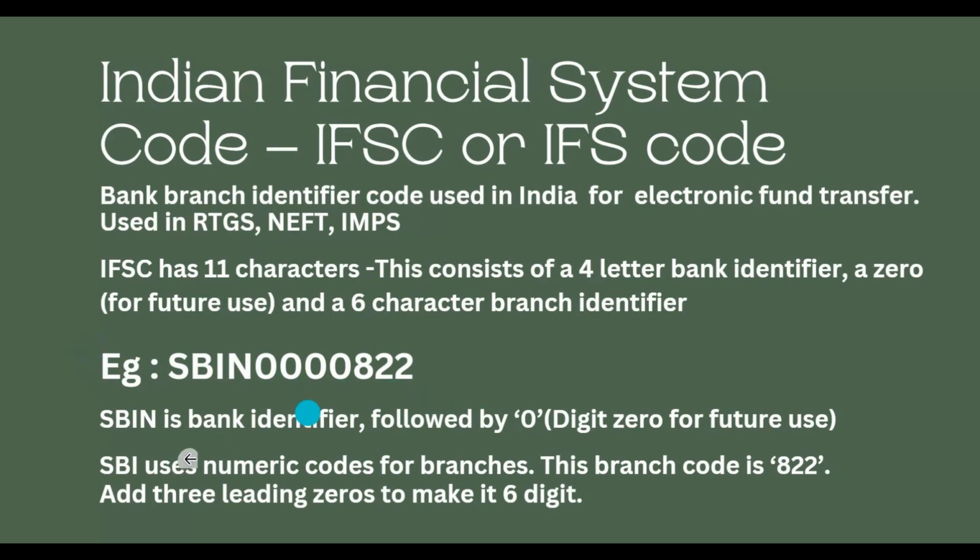In this example, SBIN is the bank identifier followed by digit 0. SBI uses numeric codes for branches. This branch code is 822. Add 3 leading zeros to make it 6 digits. That is how this code has been constructed.